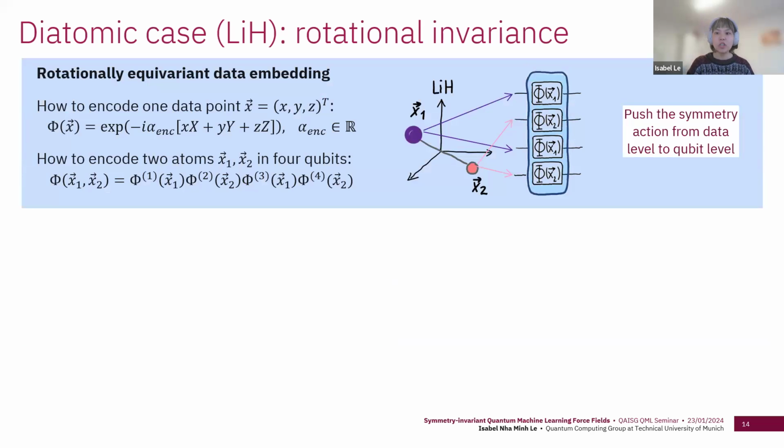Okay, so I've just shown you how we encode a single 3-dimensional data point, but for lithium hydride, we have 2 atoms to encode. And furthermore, we choose to encode each atom twice for higher expressivity. And we can do so by simply using the just introduced encoding scheme twice for each atom, as depicted here in this graph, but each on a new qubit.